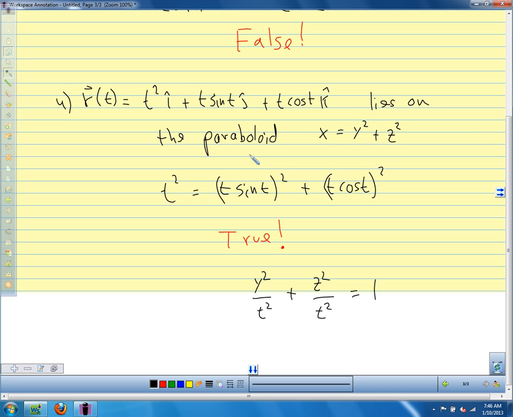All right. The next thing we want to talk about is if we have some kind of graph, we want to be able to represent it by a vector valued function. So we want to translate from a given graph to a vector valued function. Let's look at an example of doing that.